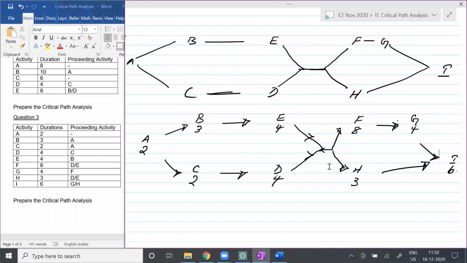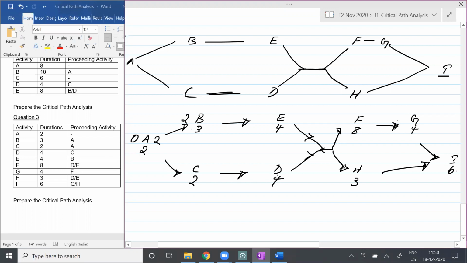So can we start working, students? Yes, sir. So early start is 0. 0 plus 2 is how much? 2.